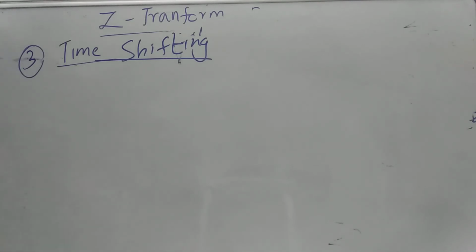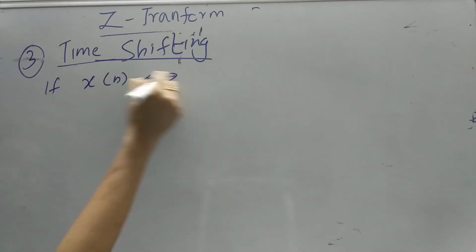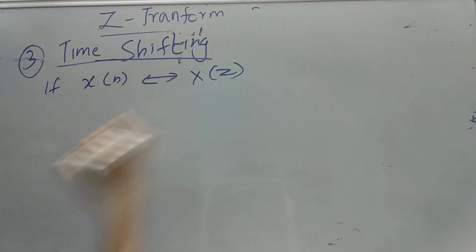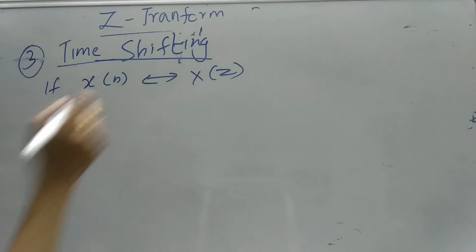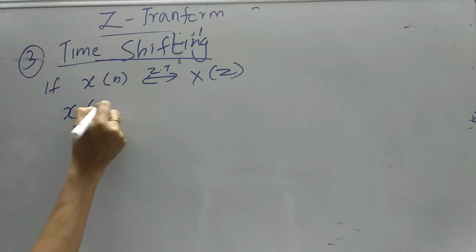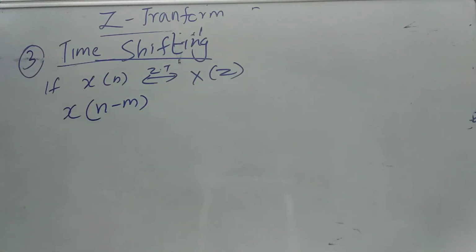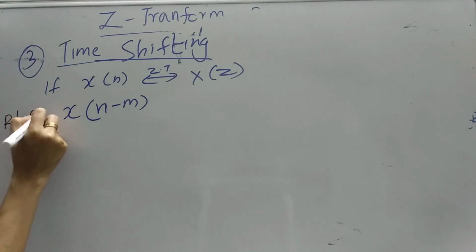We are having x of n, which has a z transform x of z. Now we are going to shift the time either to the left side or right side. So n minus m means it is a right shift.